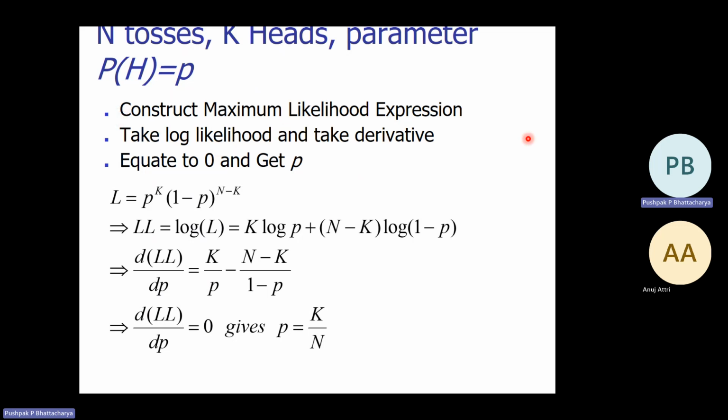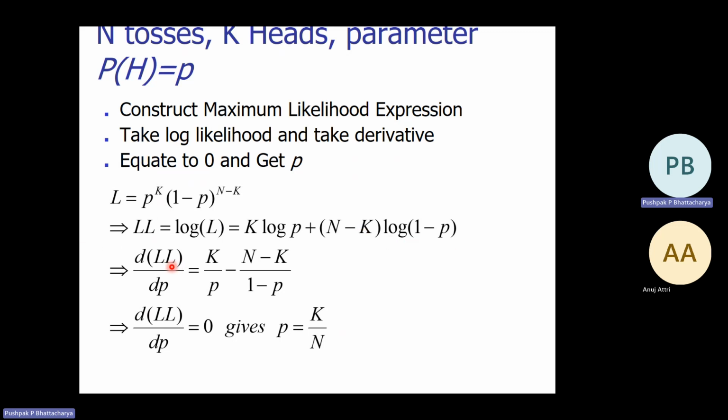We construct the maximum likelihood expression. First, construct the likelihood expression. If there have been k heads, there must be n minus k tails. So the likelihood, or the probability of the observation sequence, is p to the power k into (1 minus p) to the power n minus k. It is difficult to work with exponentiation, so take the log likelihood. The log likelihood is k log p plus (n minus k) into log(1 minus p).